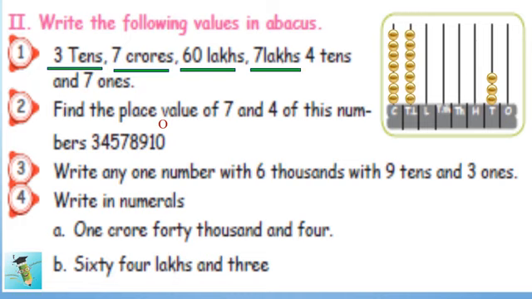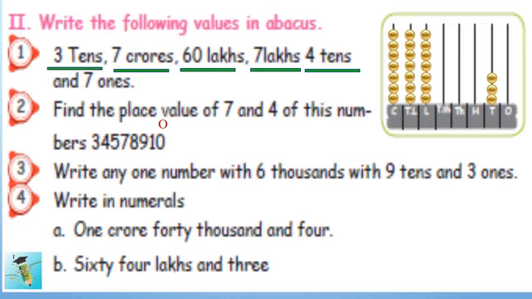Okay. Now 7 lakhs in lakh column. See, only if lakhs is given should we fill the lakh column. Here how many beads? Find out if there are any mistakes in this. Okay? 4 tens. So once again 10.